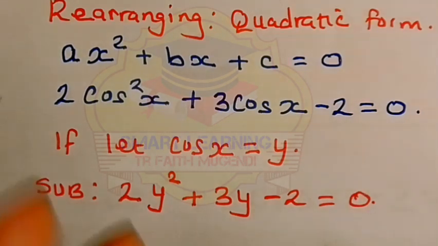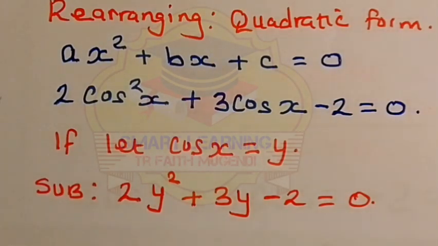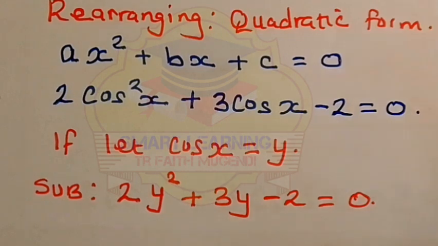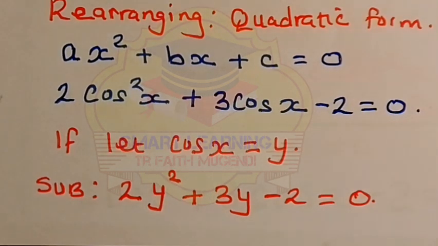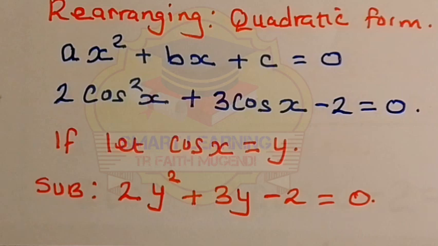For us to solve this one, you can use the quadratic formula, you can use the factorization method, also the graphical method, but at this point you don't need to do graphical methods. I'm just listing the possible ways of solving this kind of equation. So if you have a problem with solving quadratic equations, I will put a link at the end of this video so that I can redirect you to that tutorial.